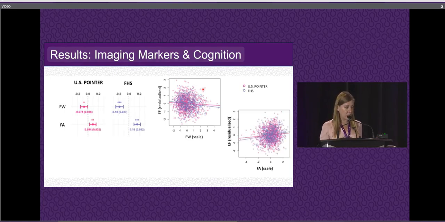We also found an association between increased white matter integrity, as reflected by increased fractional anisotropy, and executive function. Again, you have the association in this figure right here. We did not find an association between white matter hyperintensities or PVS with executive function in either US POINTER or Framingham.